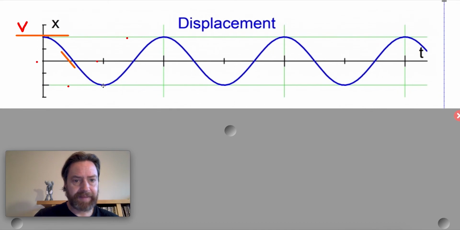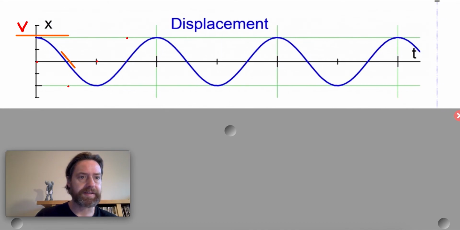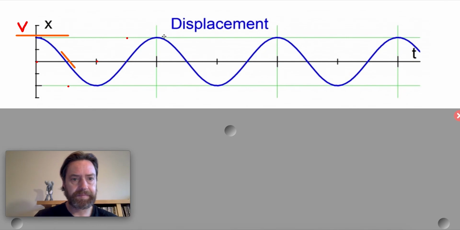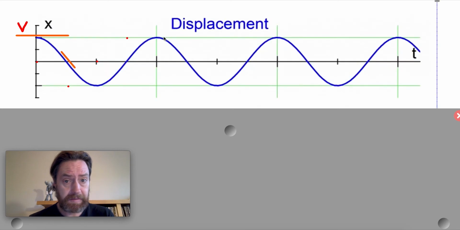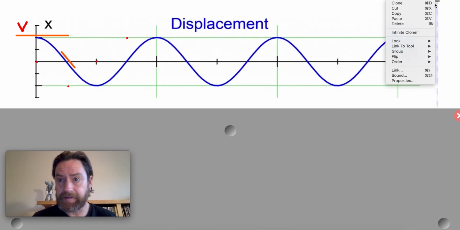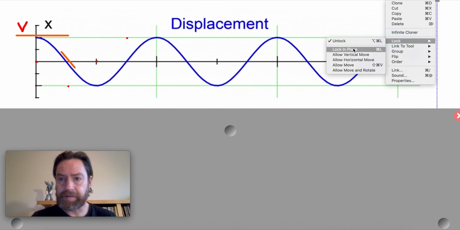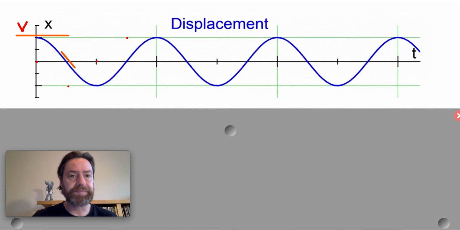The gradient here is back to zero gradient, so zero velocity, and then at this point here, we've got the maximum positive gradient.